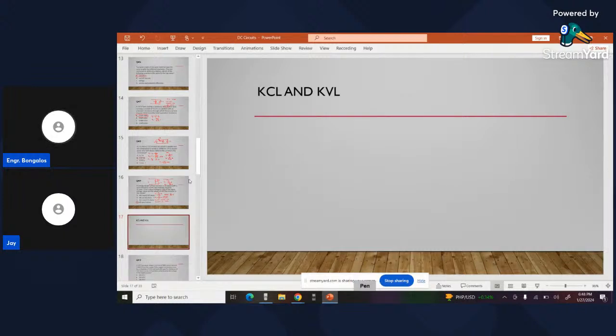So, kapag in-add daw natin yung lahat ng voltage sa isang loop, the result daw is 0. So, E1, i-total natin, V1, V2, V3. So, kapag in-add daw lahat ng voltage, ang sum niya is 0.